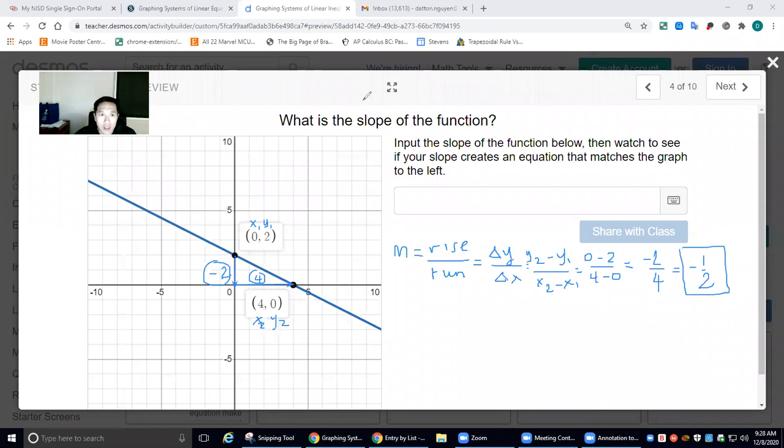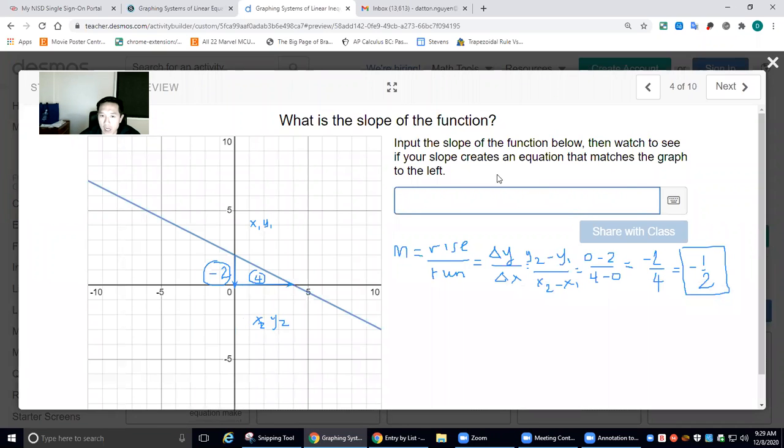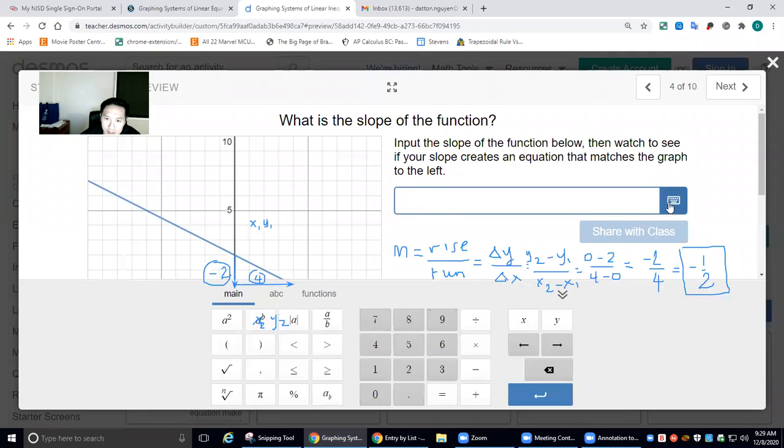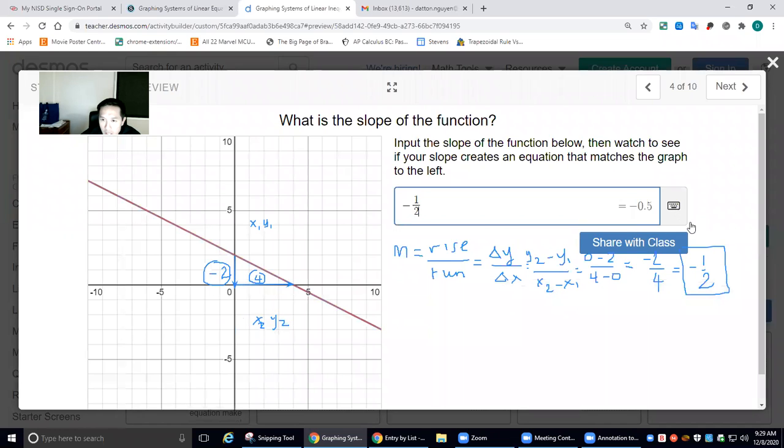Let me go ahead and pause for a moment. Okay, so now we have to draw the slope. There's a keypad function over here. I click on this, and I'm going to type in -1/2 as my slope. So -1 divided by 2 equals, this is what it equals, and there it is.